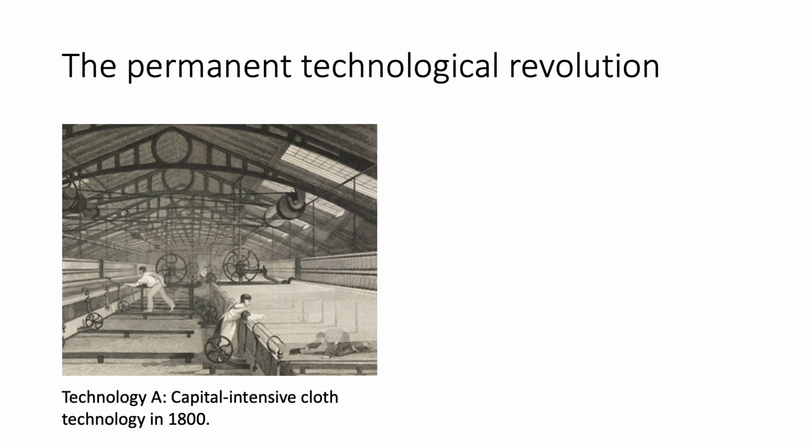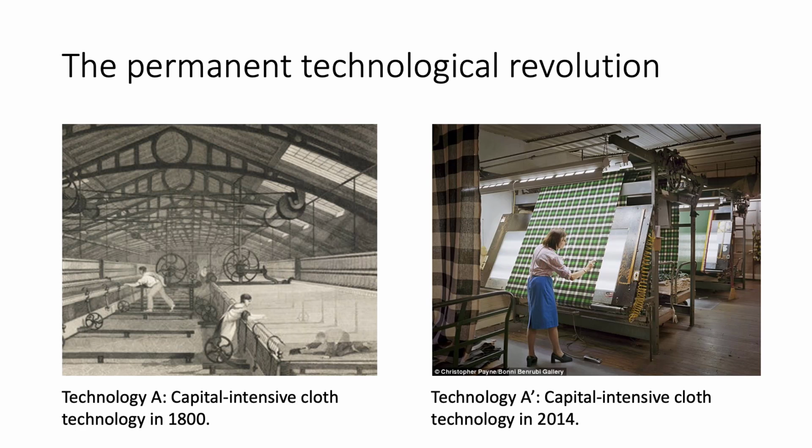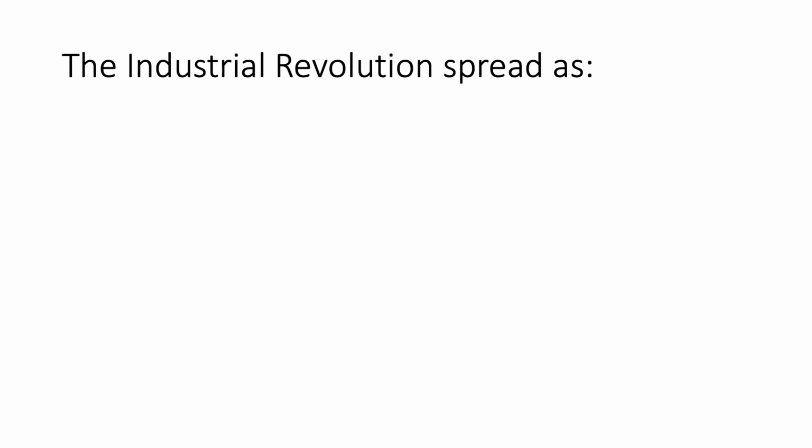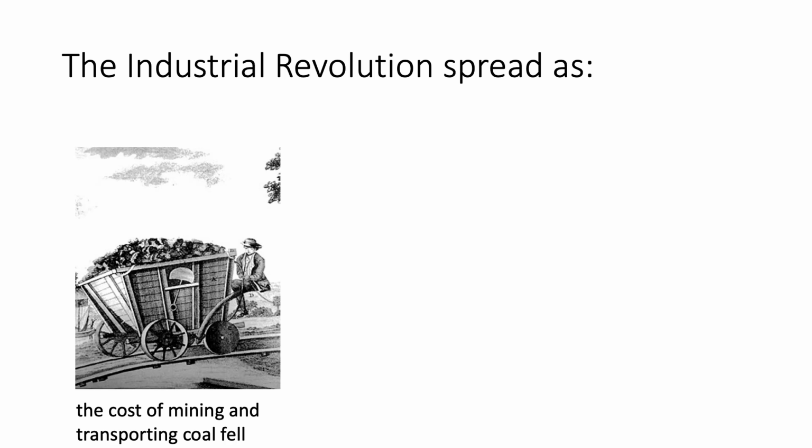So just an illustration here, walking through the permanent technological revolution. We can see the capital intensive cloth in 1800 and an example, or a more contemporary example, of technology A prime, of what this looks like more today. Thinking about our three primary determinants of the Industrial Revolution here, the first being the cost of mining and transportation of coal fell.